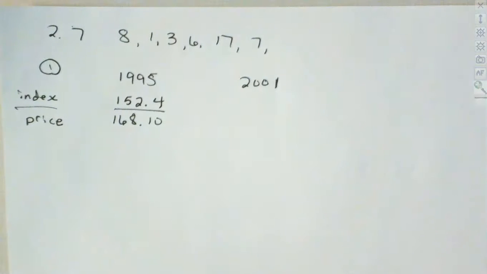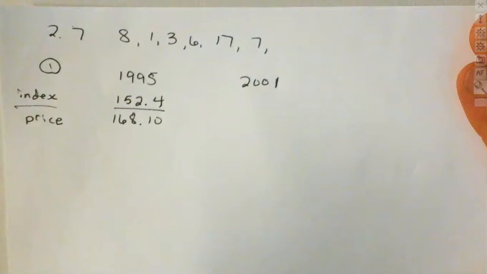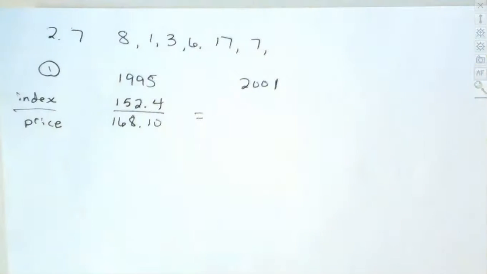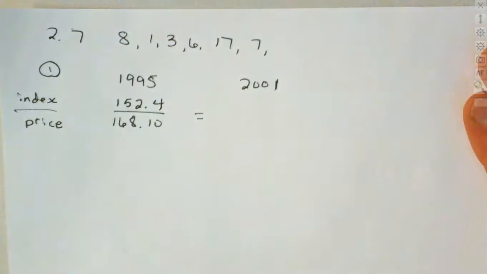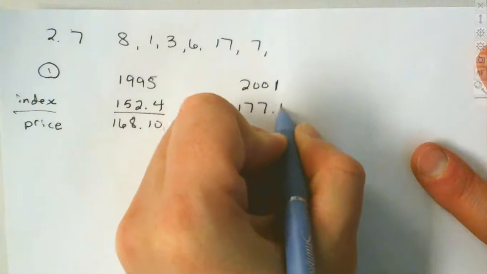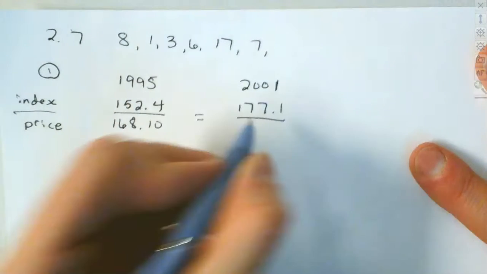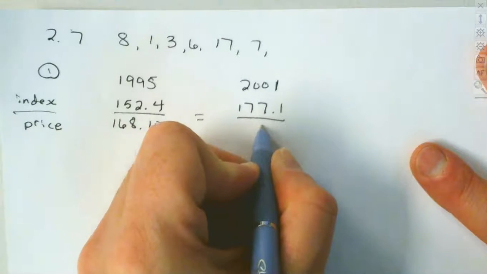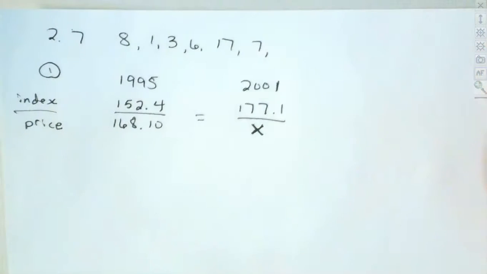Now you can flip that over and put the 168.10 on top and the 152.4 down below. Doesn't matter, as long as you are consistent. Okay, so index is going to be on the top. So what's the index value of 2001? The index value is 177.1. And do we know the price of those groceries in 2001? No, that's what we're trying to find.